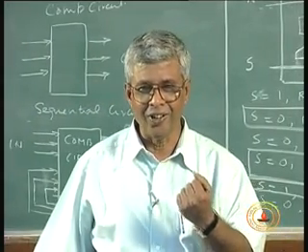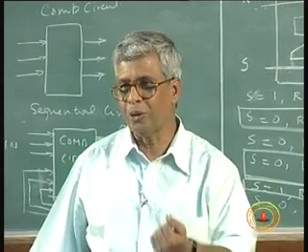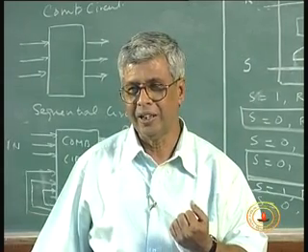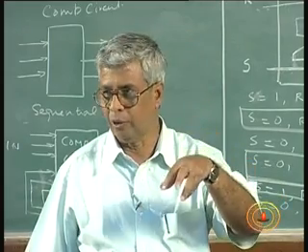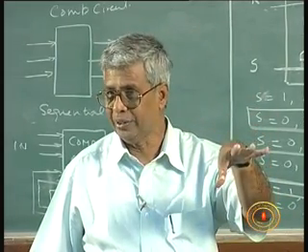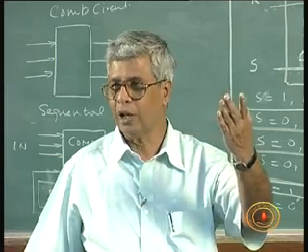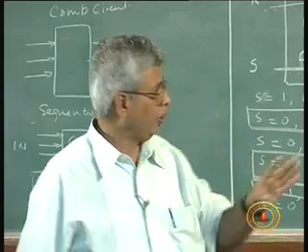So, we do not know what is going to be Q and what is going to be Q bar. There is no point in having something which is not sure. What do I put into my circuit? Something which is not sure to start with? So, I will not use that combination.